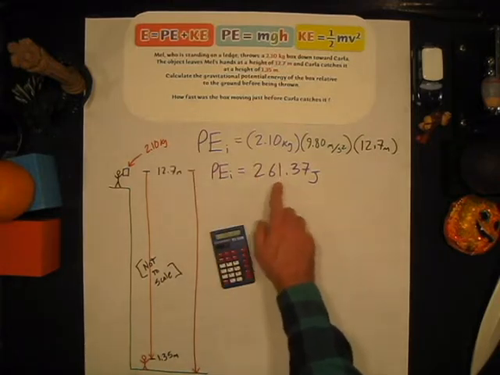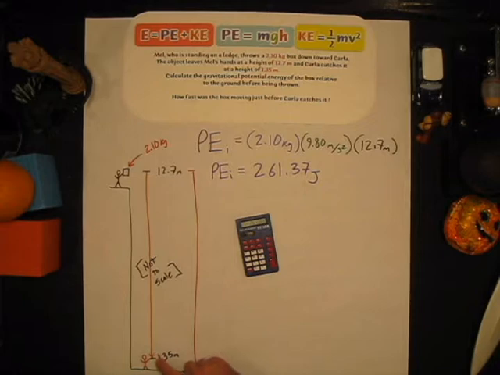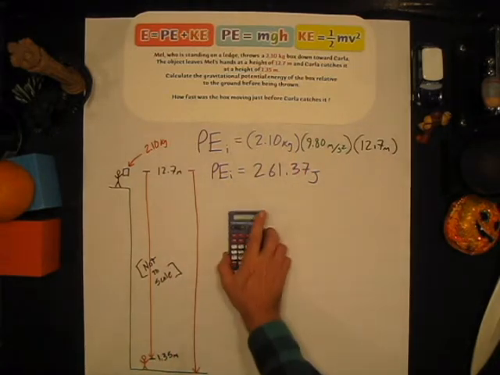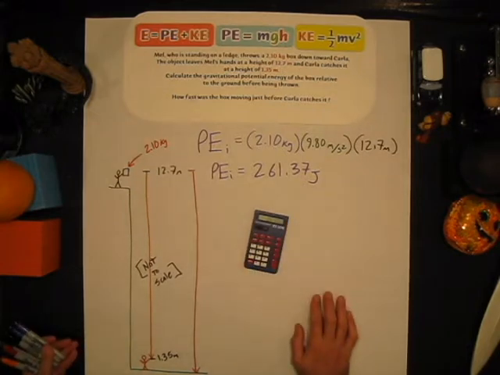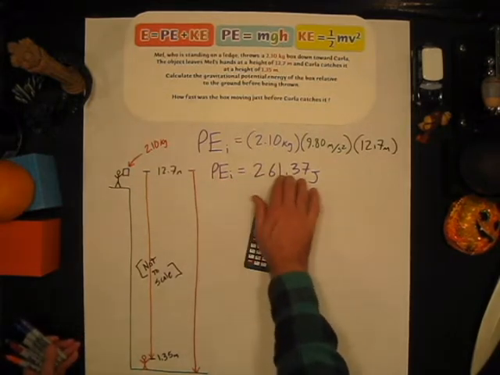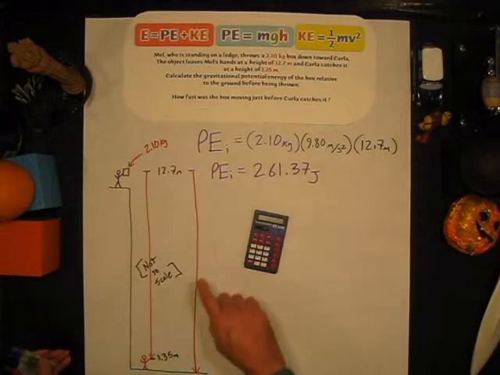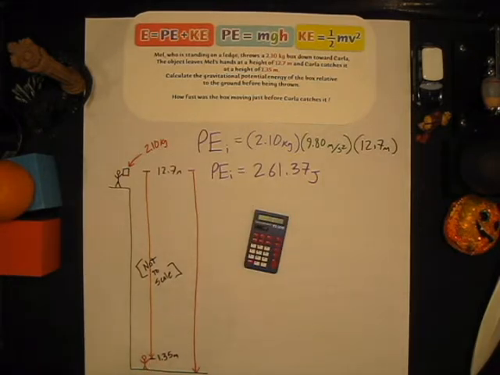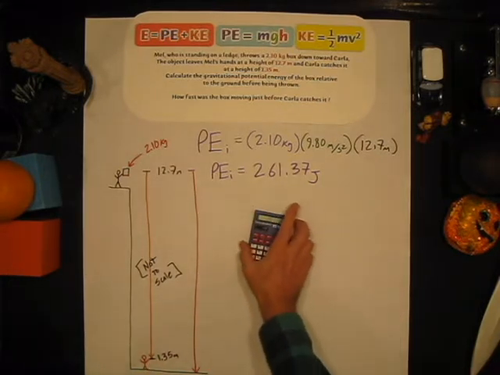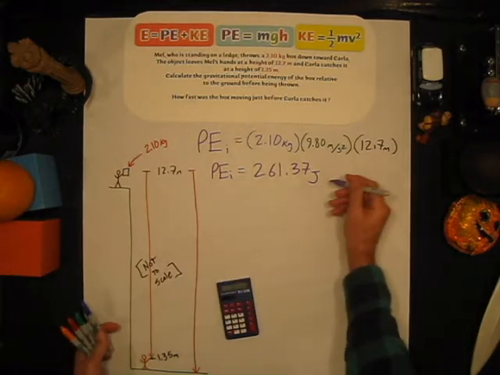We might want to use that to figure out how fast the box is moving when she catches it. But no, no, no. Why not? Because it's not going to use up all the potential energy. There will still be some left at this point. Let's put that in scientific notation.